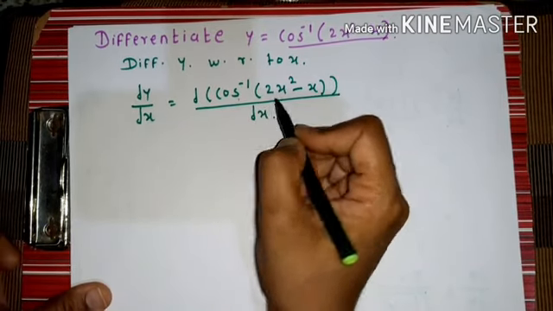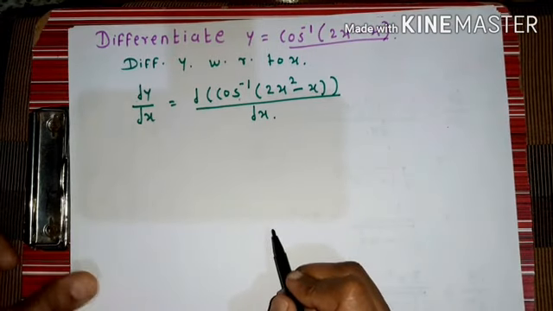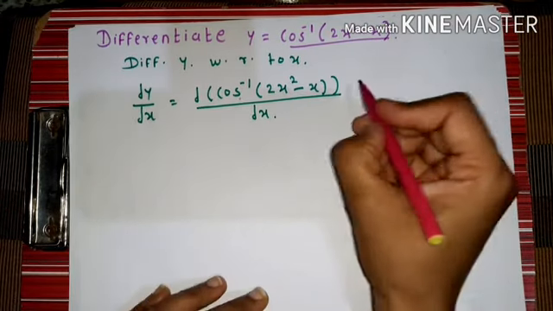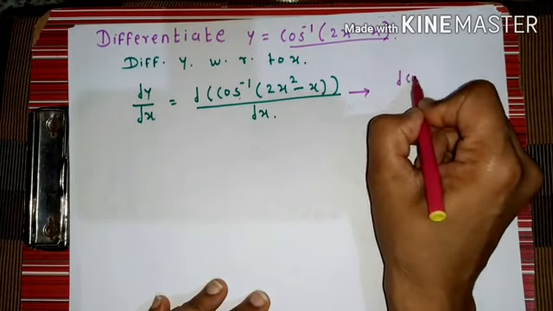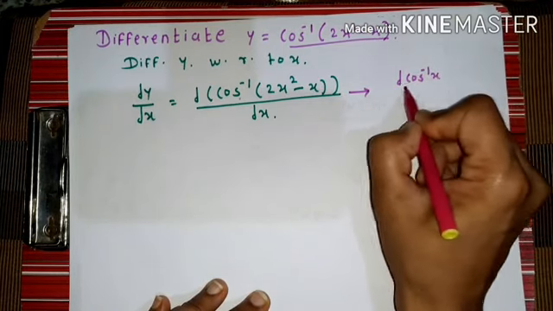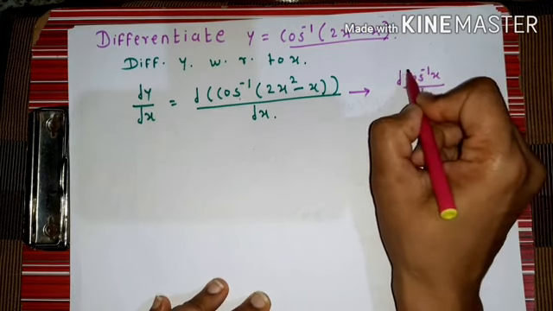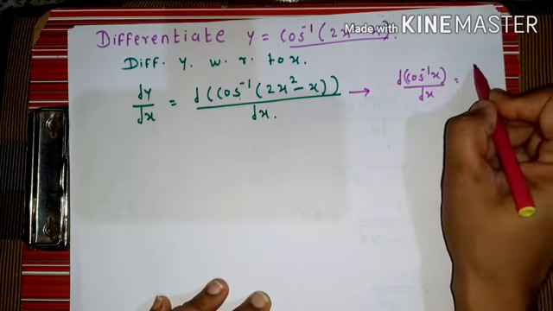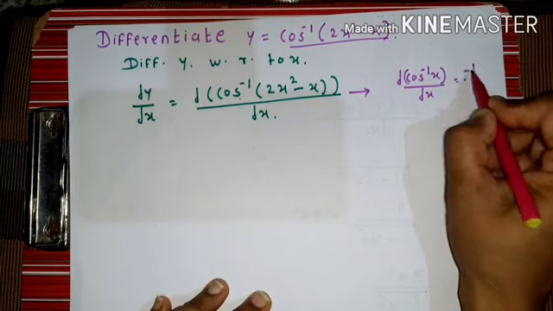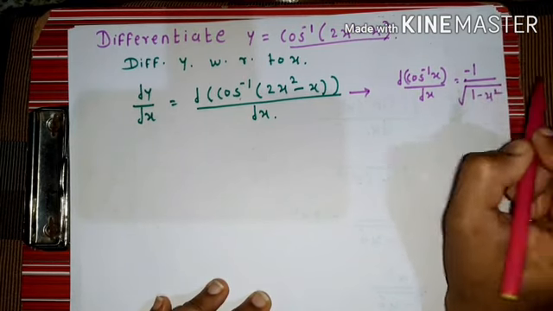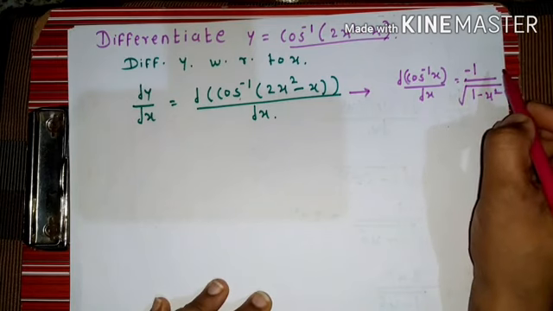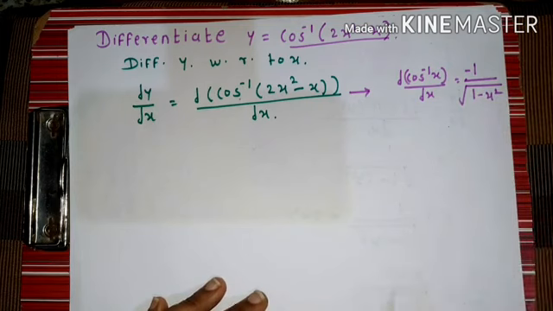Okay. So, this is again by using a formula. What is the formula? Formula for differentiation of cos inverse of x with respect to x. The formula is minus 1 upon square root of 1 minus x square. Okay. By using this formula, we have to differentiate.